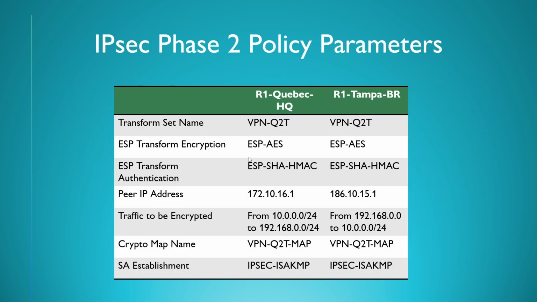Next, we have to define phase 2. For this particular example we're going to use site-to-site VPN, and additionally, we have to define if we are going to use authentication header, what kind of header we're going to use, or ESP header, and additionally, we have to define our peer, and for sure we have information about the encryption algorithm that the VPN server or router is going to use to encrypt the packet.